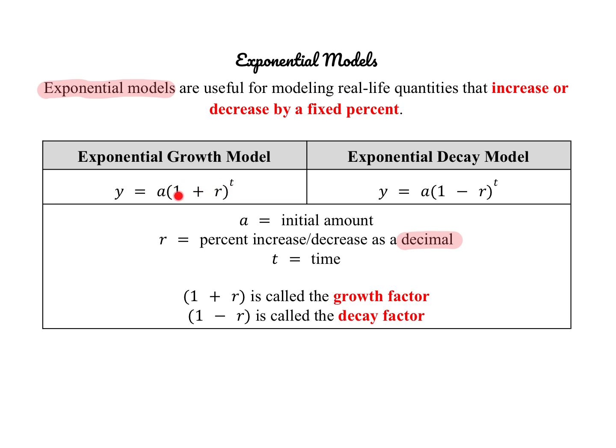And then that 1 plus r, the entire thing together, is essentially your b value, so we would call it the growth factor. Now, if in the scenario the initial amount is decreasing by some fixed percent, we would use this exponential decay model. The only thing that's different is we do 1 minus the percent decrease as a decimal, and we would call this the decay factor instead of the growth factor.